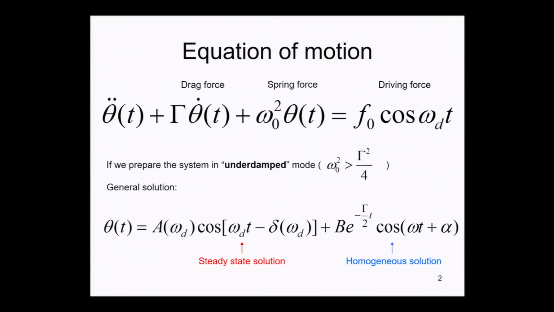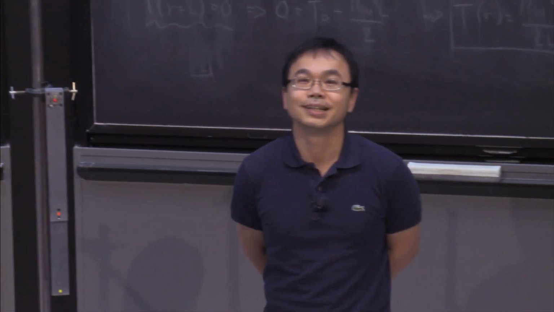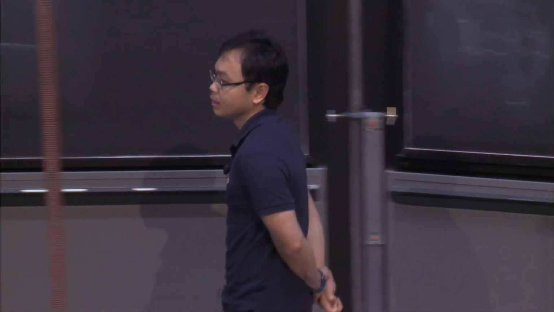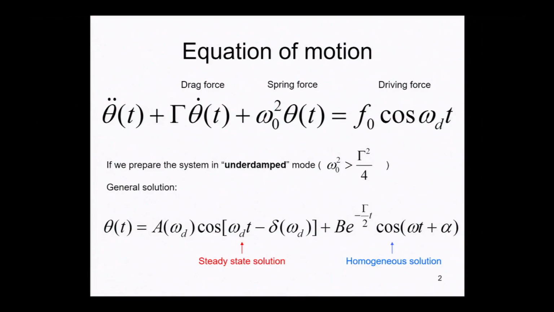And as we mentioned in the beginning, if we prepare this system in the underdamped situation, then the full solution is a superposition of the steady-state solution, the red thing pointing to this steady-state solution. There's no free parameter in the steady-state solution, right? So A, the amplitude, is determined by omega_d.